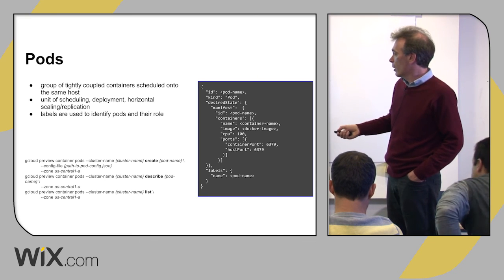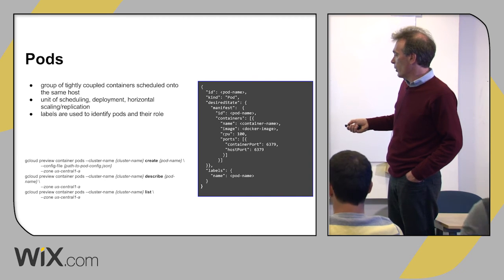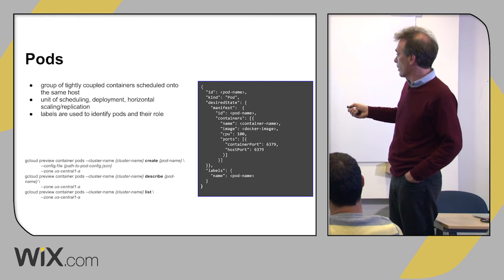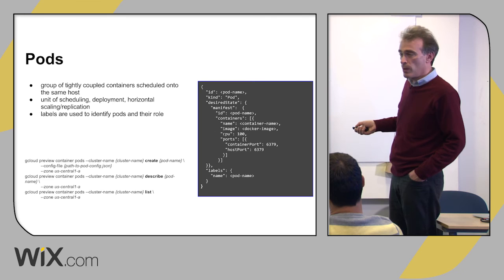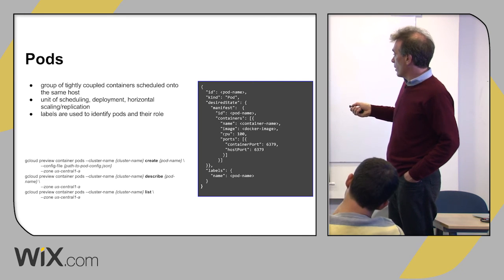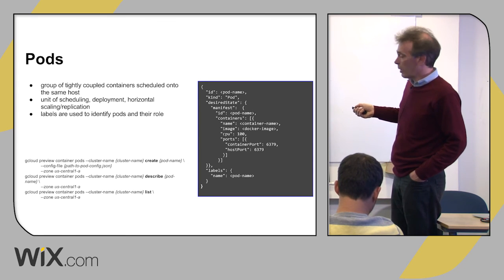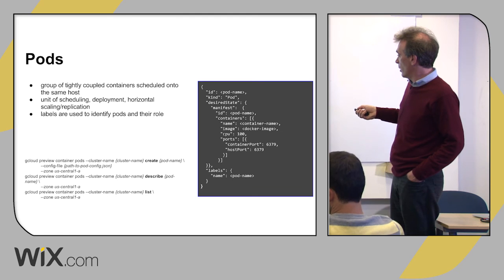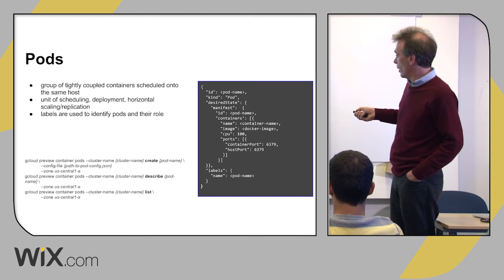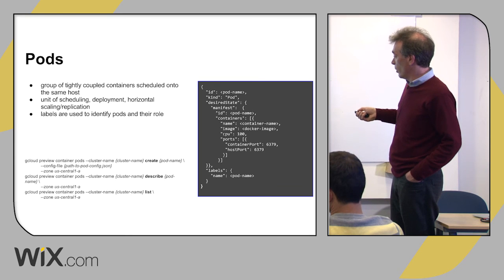How do we do it? gcloud preview, we provide the cluster name, create, pod, the pod name, and the config file. This is a config file which defines the desired state of our pod. What we have here: the pod name, in order to reference this pod for management. Containers, where we can limit the amount of CPU usage for each container.